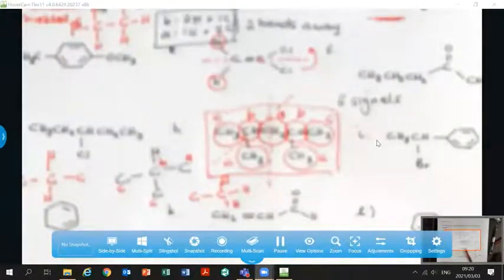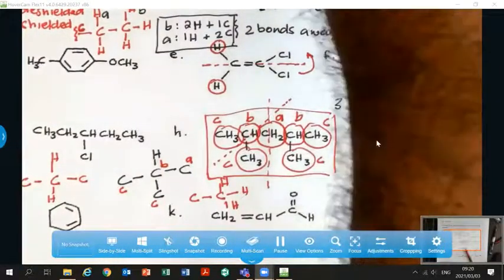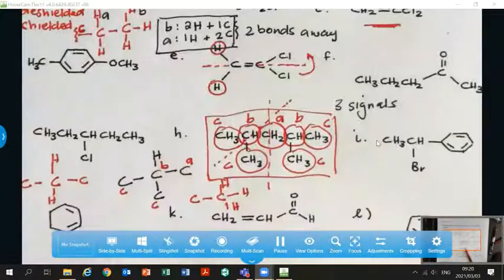So in general, when I have a carbon-hydrogen framework, the CH3s are going to be more shielded, the CH2s are going to be slightly more de-shielded than the CH3s, and the CHs are going to be slightly more de-shielded than the CH2s.